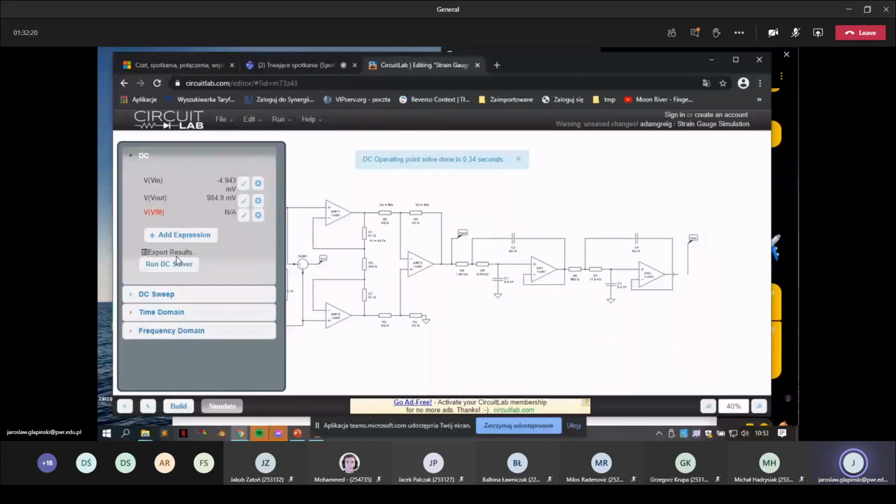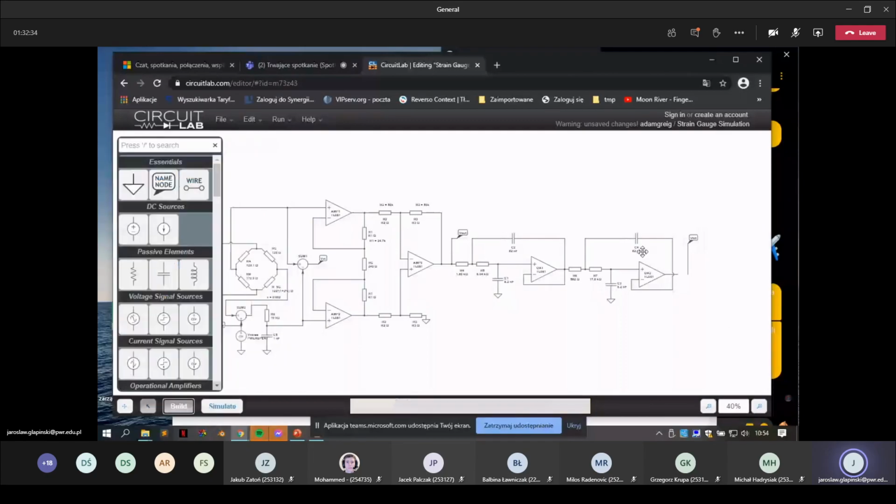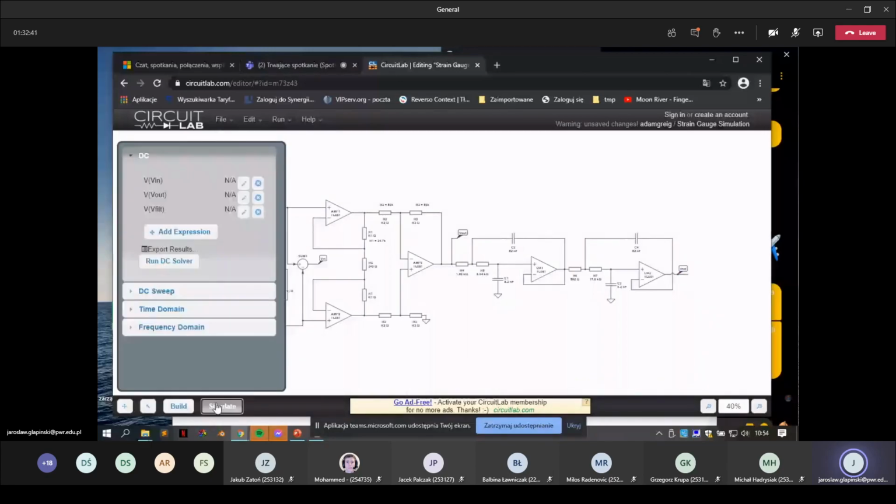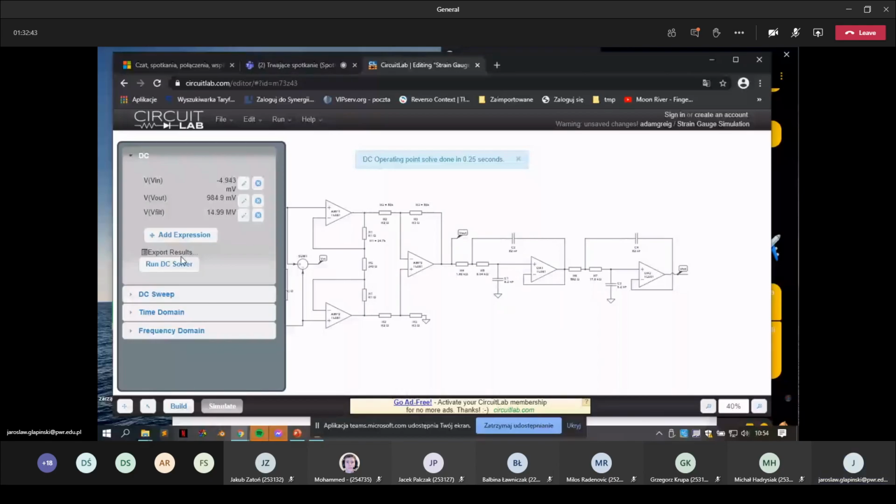We will see what's going on at the input and output. Why is it not calculated?